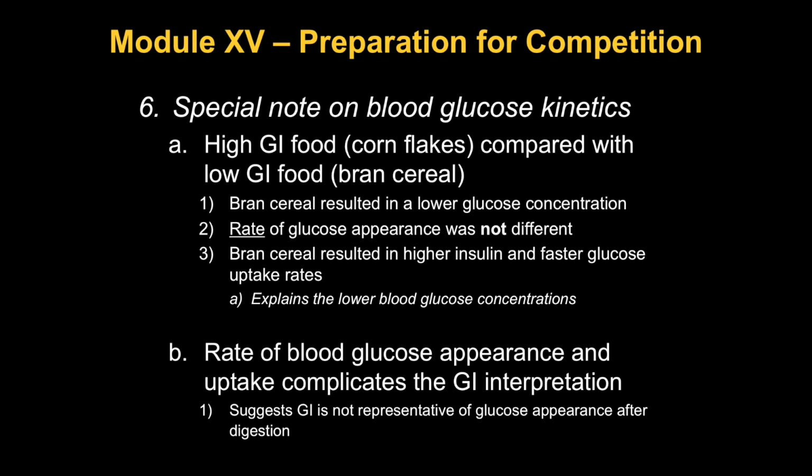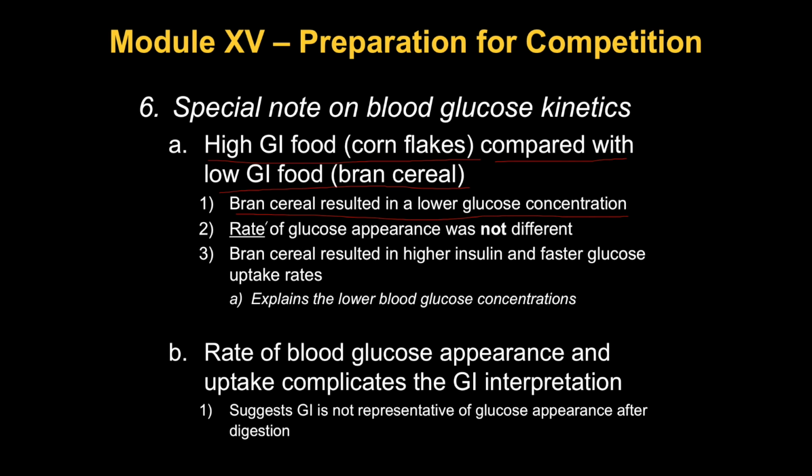So some special notes as far as the kinetics, that is how glucose appears, so the rate of appearance and the rate of disappearance. Those are important factors in looking at kinetics, the movement of glucose, the shifting of glucose around. When you take a look at this, and I've kind of already highlighted this and discussed this problem, a high glycemic index food like corn flakes compared with a low glycemic index food like bran cereal, the bran cereal actually resulted in a lower glucose concentration, so we would expect that with a low glycemic index food.